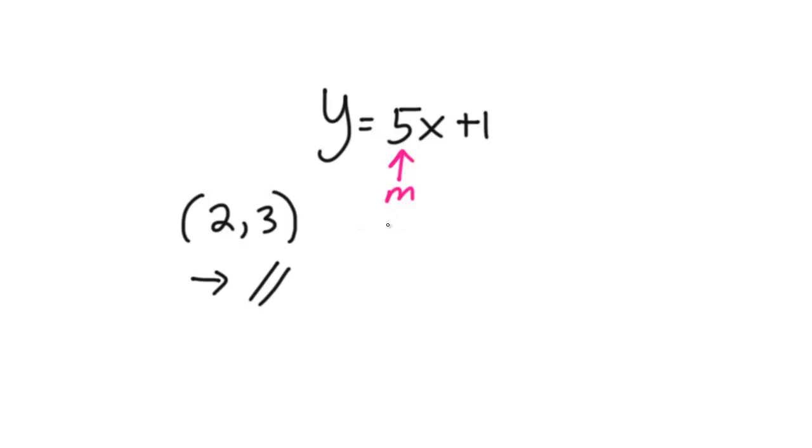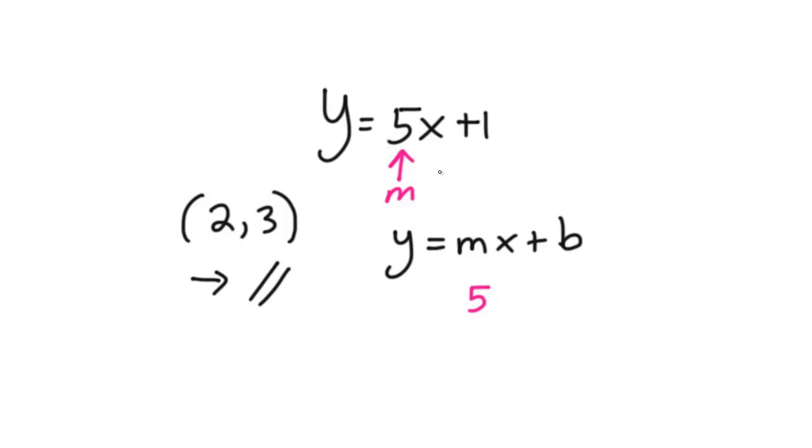So in that case, we can rewrite the slope-intercept formula, which is y equals mx plus b. We will replace the slope with 5, because we want it to have the same slope.